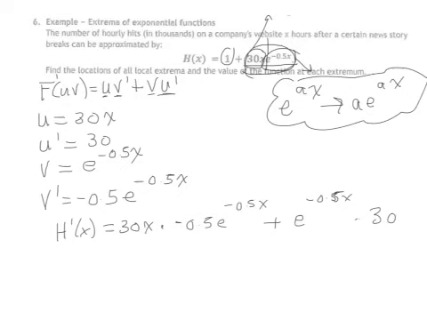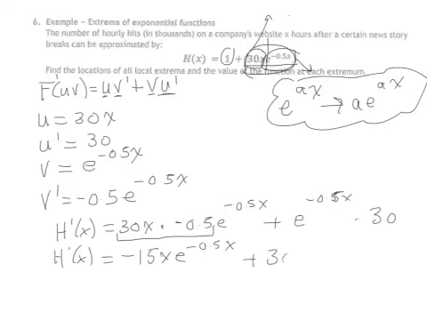Okay, so our order of operations would say that we're going to be doing the multiplication first. So let me just multiply those together here. And that would equal negative 15x e to the negative 0.5x plus 30 times e to the negative 0.5x.